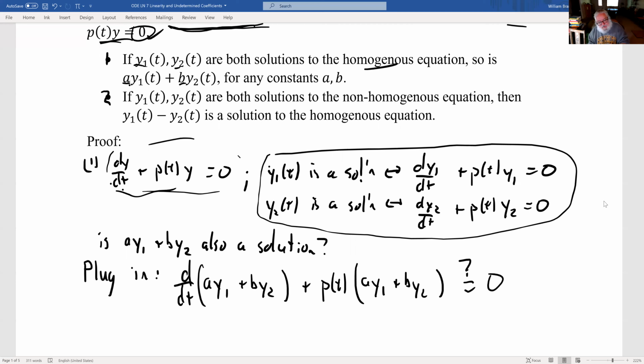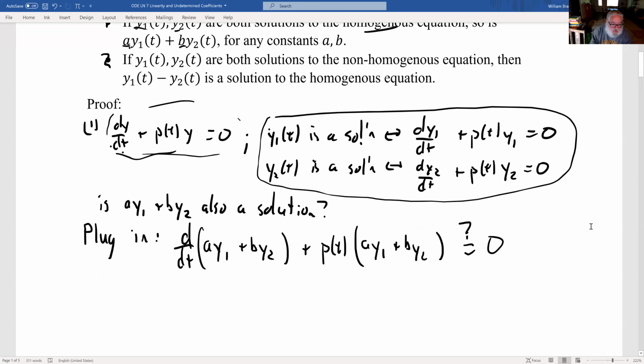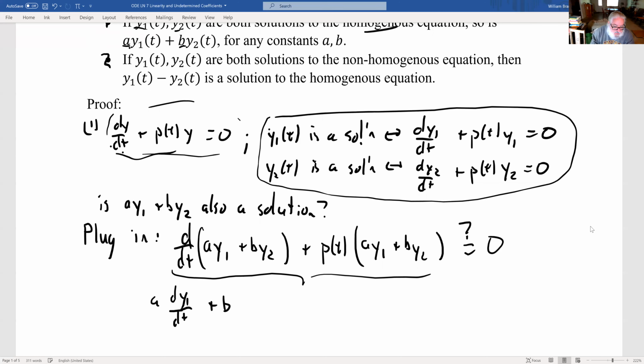If it is actually 0, then it's a solution. If it's not 0, then it's not a solution. So we calculate the left-hand side. The derivative of two things added together is the derivative of each, and we know that you can factor a constant out of a derivative. So this becomes this.